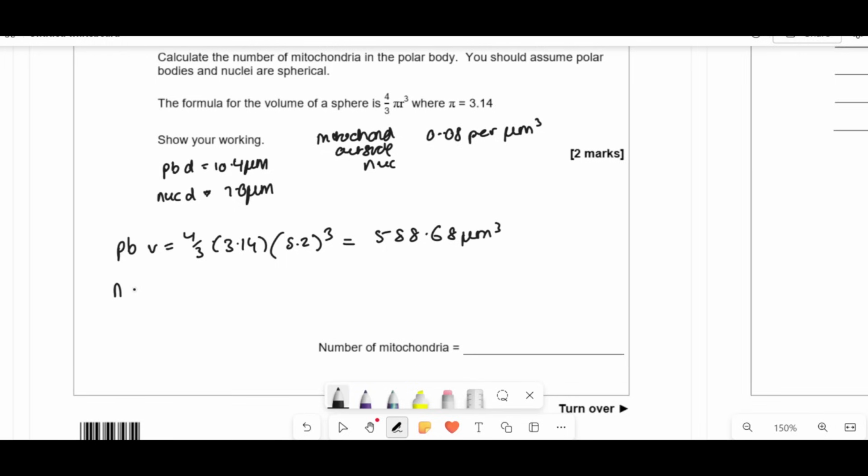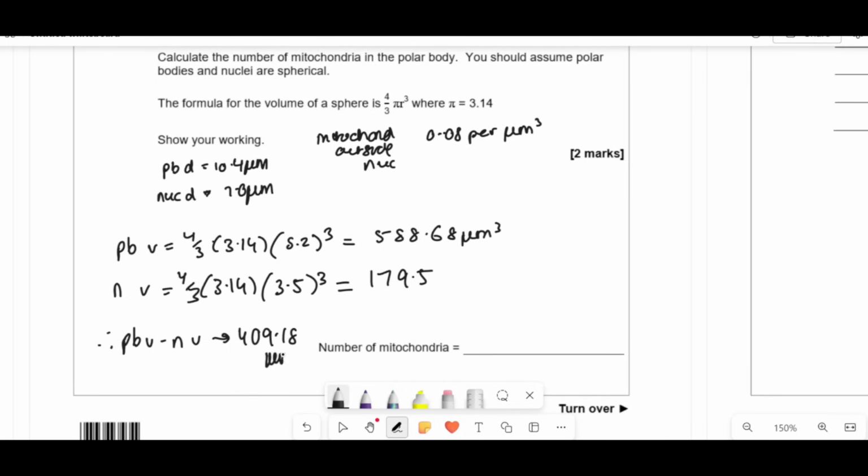And then we need to work out the nucleus's volume, which is 4/3 times 3.14 times its radius cubed, which is 3.5 cubed, which gives us 179.5. Therefore, the polar body volume minus the nuclear volume is the volume left that those mitochondria can enjoy. So 588.68 minus 179.5 gives you 409.18 micrometers cubed.